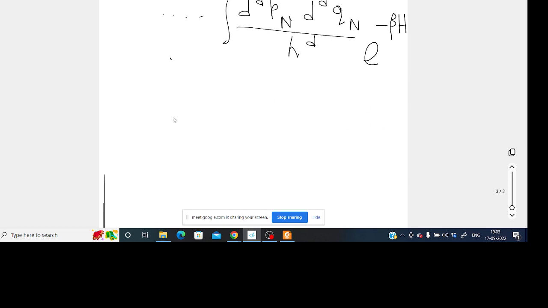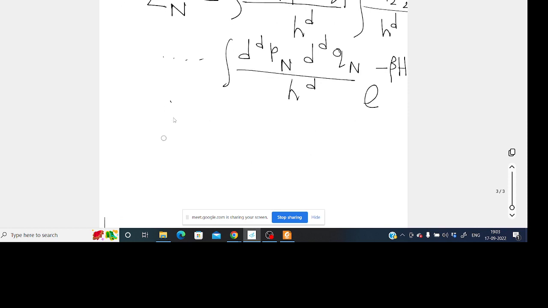Now let's say the particles are non-interacting. What does this mean?